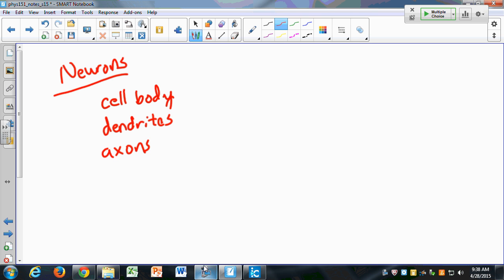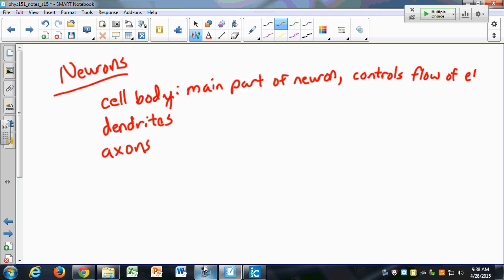All right, the cell body is the main part of the neuron, and it basically controls everything that goes on. So it controls the flow of electricity. And then the dendrites and the axons act as paths over which these electrical signals are sent.